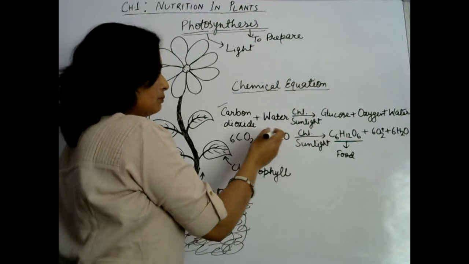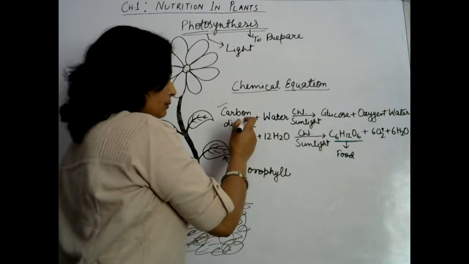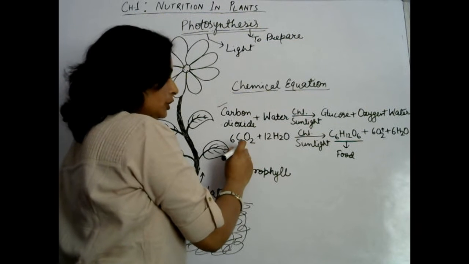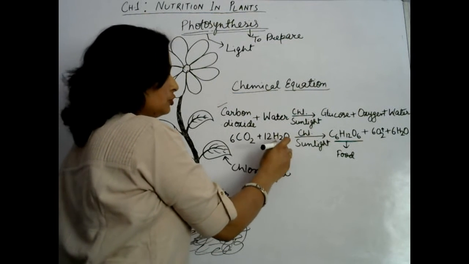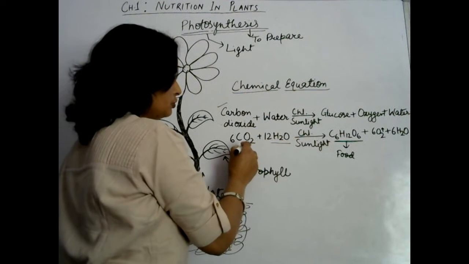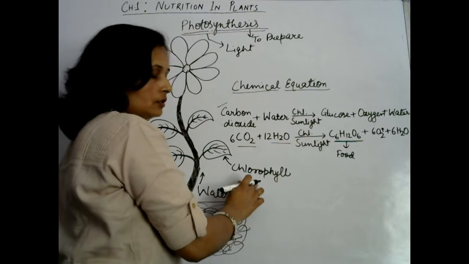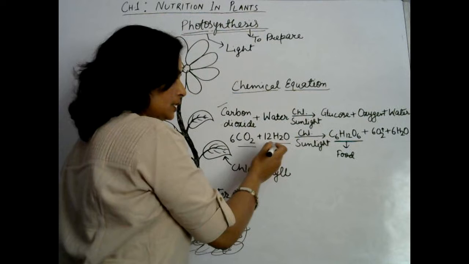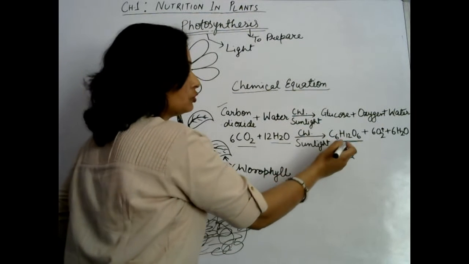Here is the formula. When 6 molecules of carbon dioxide react with 12 molecules of water, H2O is the formula of water and CO2 is the formula of carbon dioxide, right? When both of these react with each other in presence of chlorophyll and sunlight, then glucose is formed.